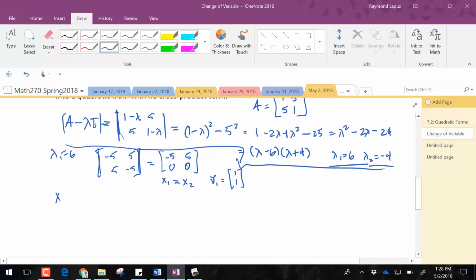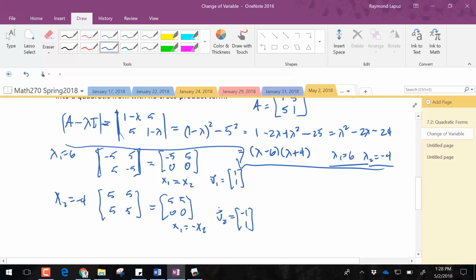And then lambda 2 is equal to negative 4. So this is 5, 5, 5, 5, which row reduces to 5, 5, 0, 0. X1 is equal to negative x2, so our v2 is going to have one of them negative.